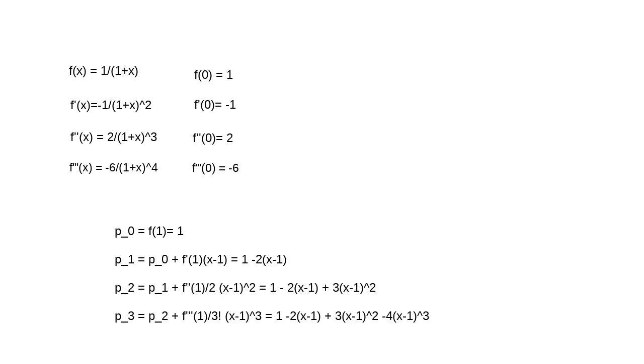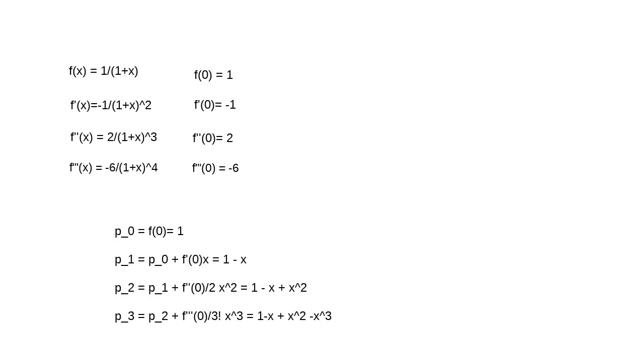Now, f triple prime of 0 equals -6. -6 divided by 3 factorial is -1. It's just minus x raised to 3. Anyone has any question?